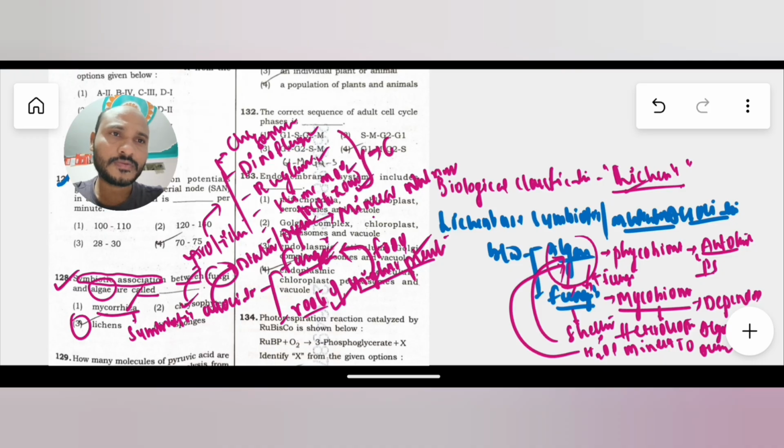All these are groups in the kingdom Protista. A sponge is a special type of organism belonging to phylum Porifera in the animal kingdom. So for the symbiotic association between fungi and algae, the right answer is lichens.